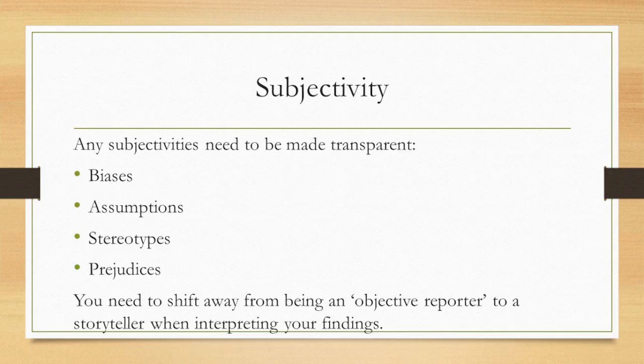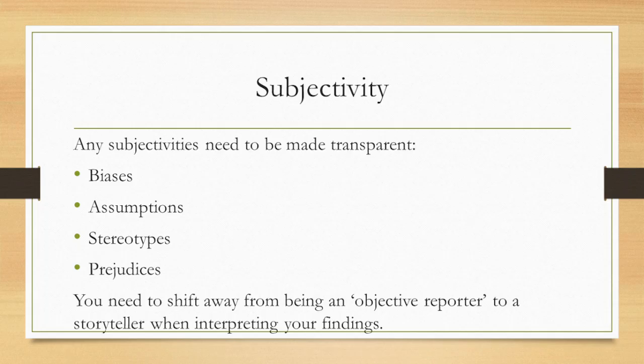So let's start with the things that you need to consider to help you structure your discussion or interpretation chapter. The first one that you need to know about and care about is subjectivity. That is your subjectivity. Any biases, assumptions, stereotypes, and prejudices need to be tracked and accounted for.